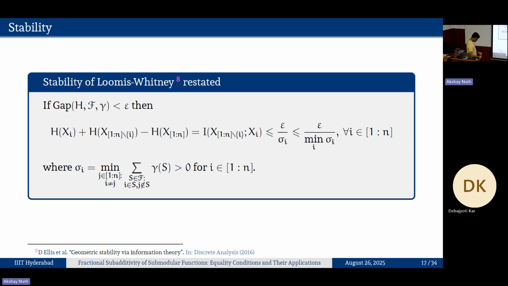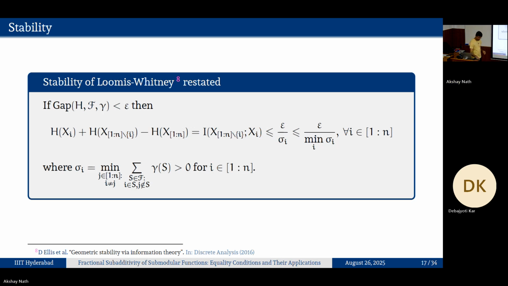One thing, as I said: Loomis-Whitney looks very, very simple. In retrospect, it's not simple at all, but it looks like a simple identity which you can prove using entropy. So what happens if the equality almost holds? This is what is called a stability result.